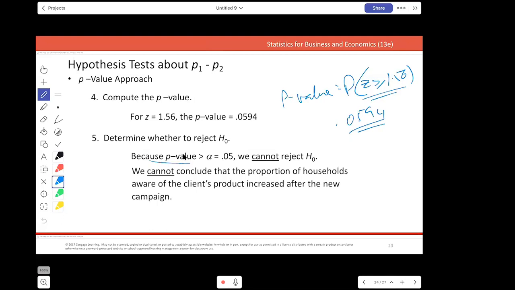Because the p-value is greater than 5%, we cannot reject H0, therefore we cannot conclude that the proportion of households aware of the client's products increased after the new campaign. So that is consistent with the analysis that we did when we did the confidence interval. And that makes sense. Typically, you want those two things to be the same, all right?